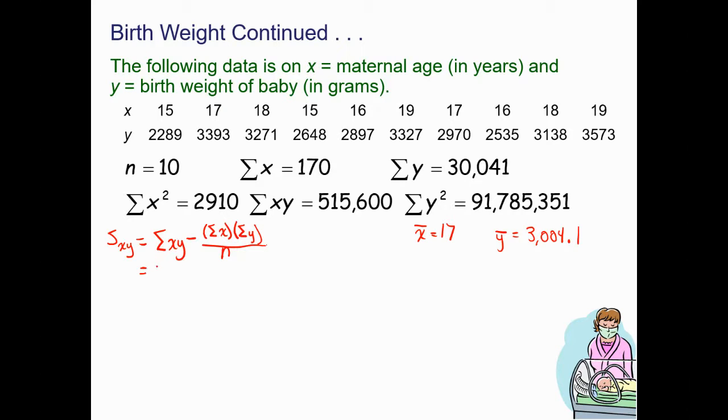So our sum of XY was 515,600 minus 170 times 30,041 divided by 10. That means S of XY is what?